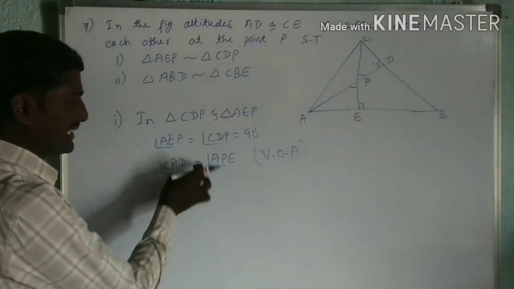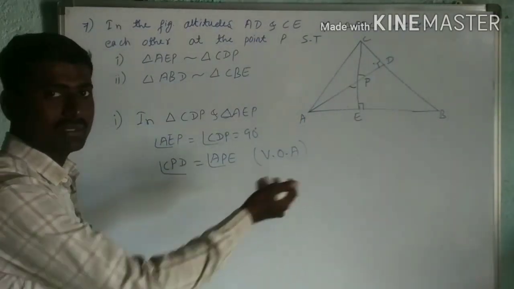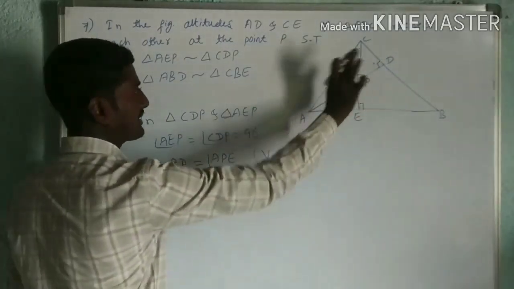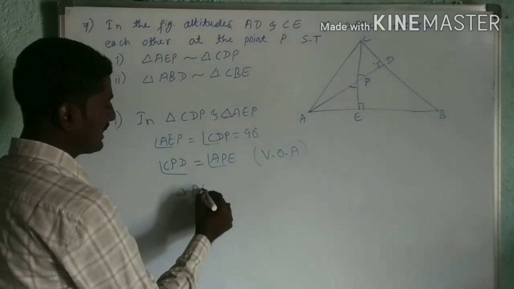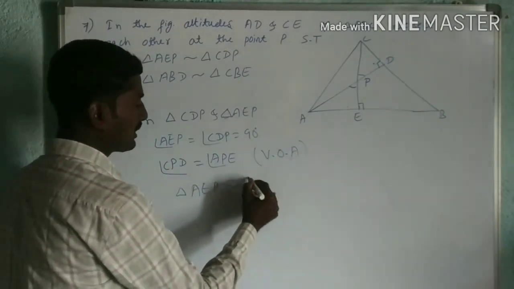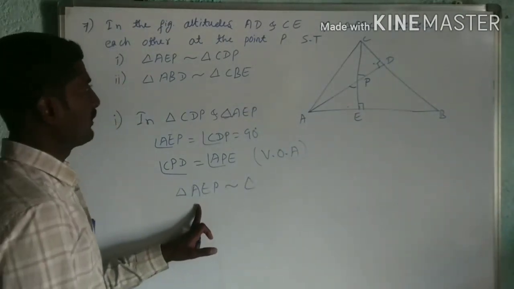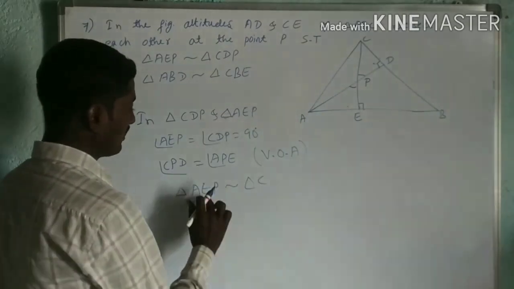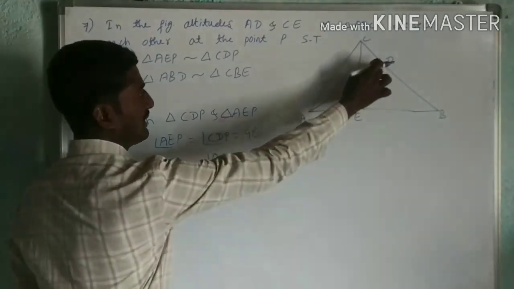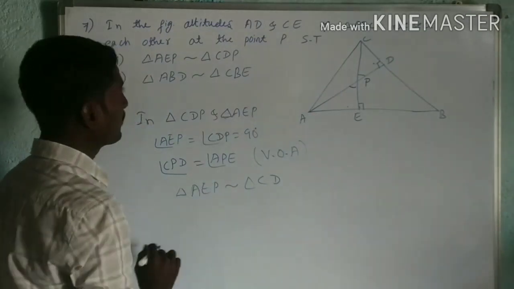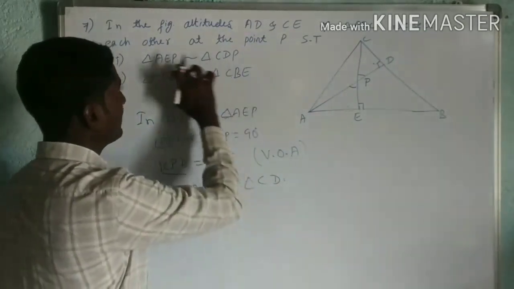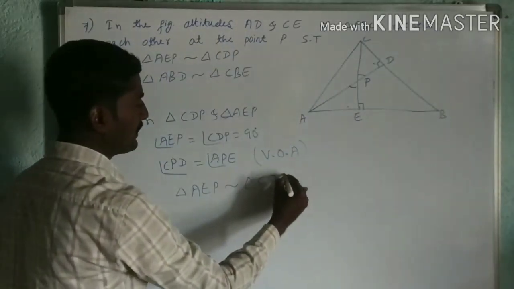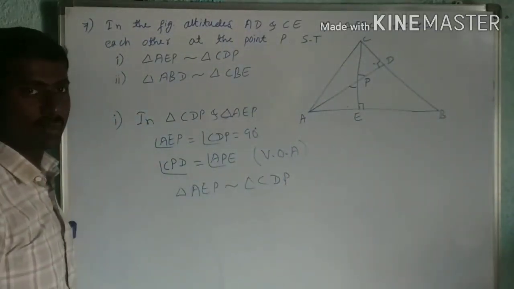Now I got two conditions. By using AA similarity criterion, these two triangles are similar. So triangle AEP is similar to triangle CDP: for angle A, that is C; for angle E, that is D; for P, it is P only. So this is the first one.